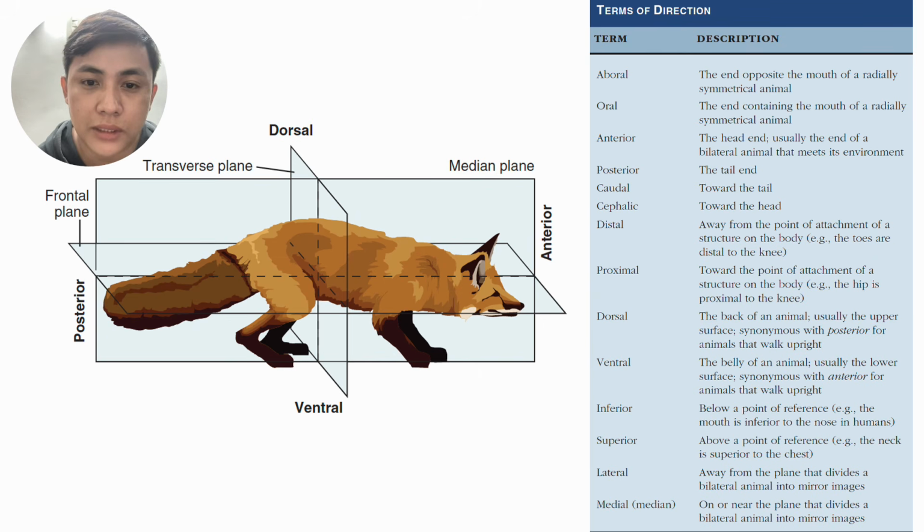Example, the mouth is inferior to the nose in humans. Superior, above a point of reference. Example, the neck is superior to the chest and even the heart. Lateral versus medial. Lateral, away from the plane that divides a bilateral animal into mirror images, while medial or median, on or near the plane that divides a bilateral animal into mirror images.